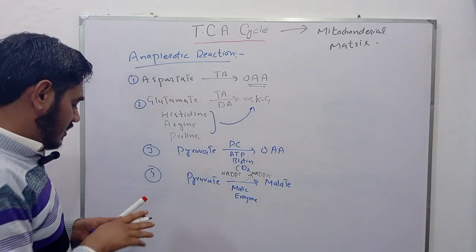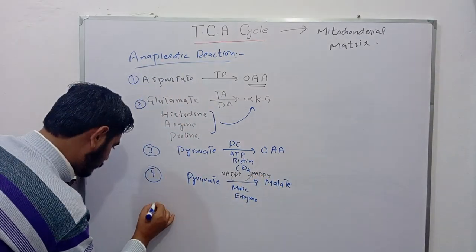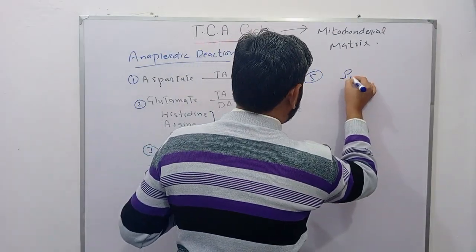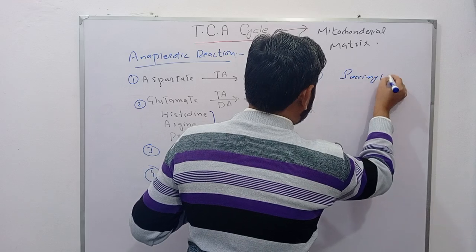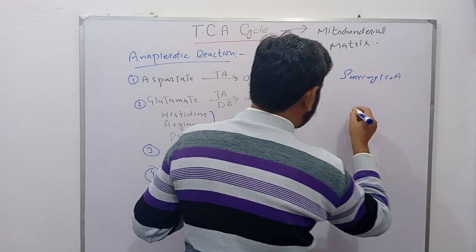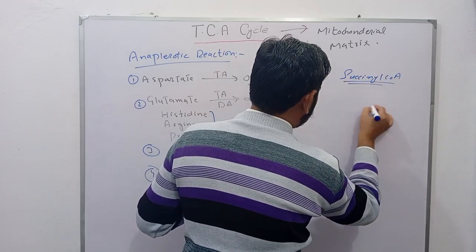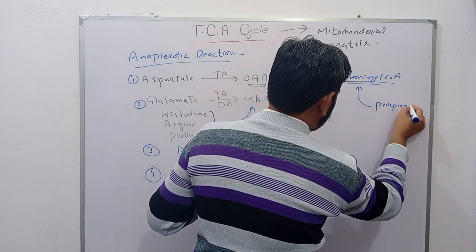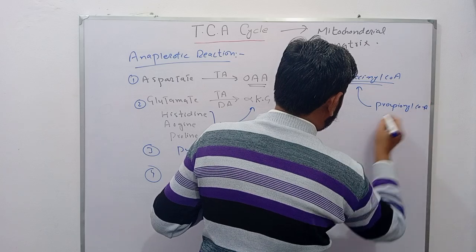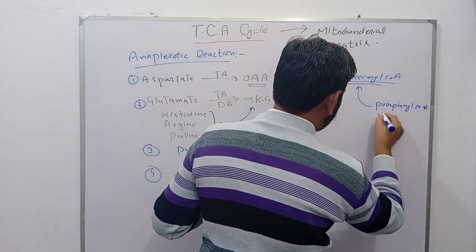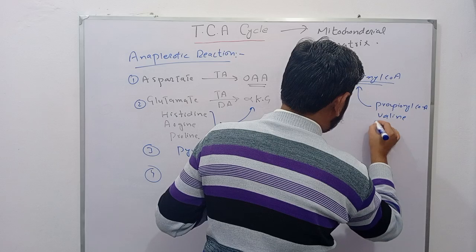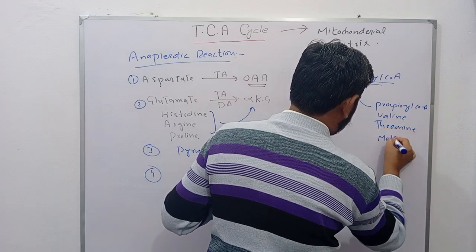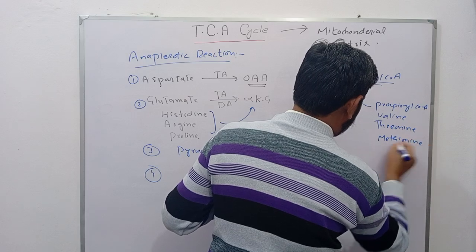Okay. Fifth one is succinyl CoA. The succinyl CoA is formed from propionyl-CoA, valine, threonine, methionine, and isoleucine.